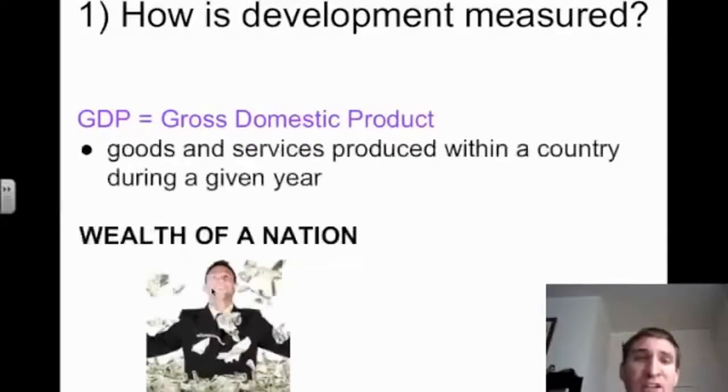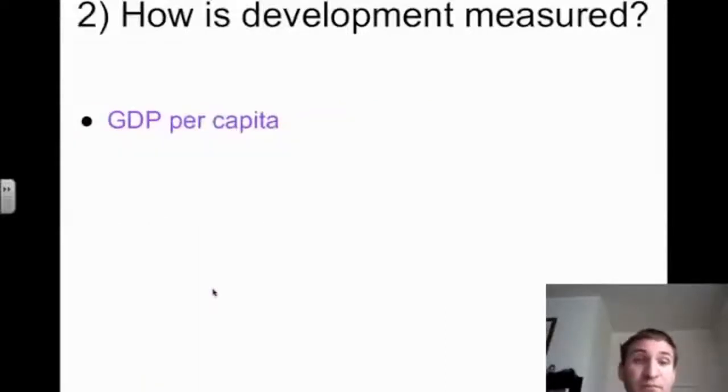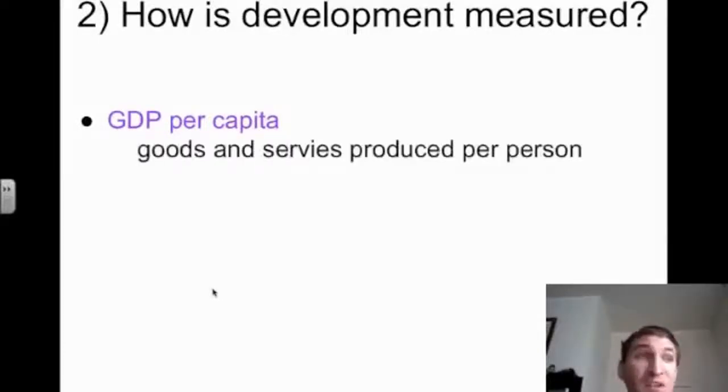Gross domestic product is the goods and services produced within a country during a given year. In other words, it's the wealth of a nation. Also, development can be measured using GDP per capita. What's that? Goods and services produced per person in a country in a given year.